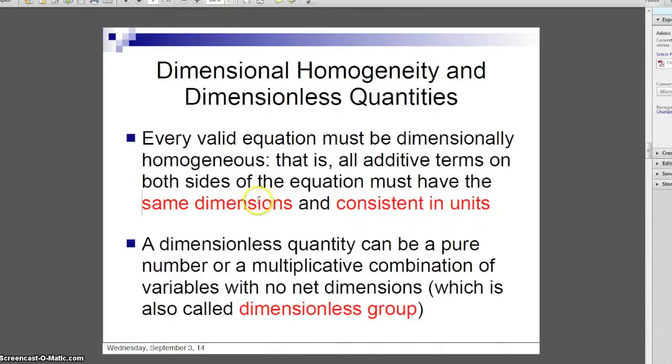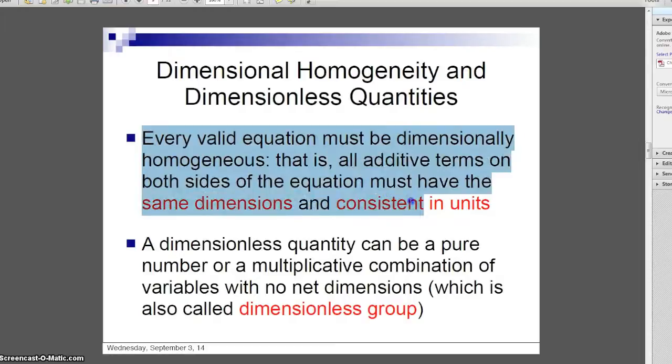What up, guys? So now let's talk about dimensional homogeneity and dimensionless quantities. First, let's discuss dimensional homogeneity. On the first note here, every valid equation must be dimensionally homogeneous.